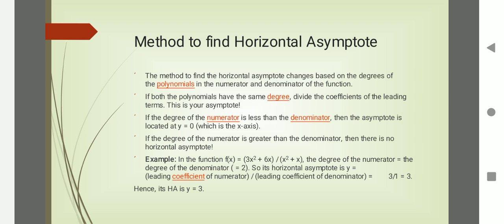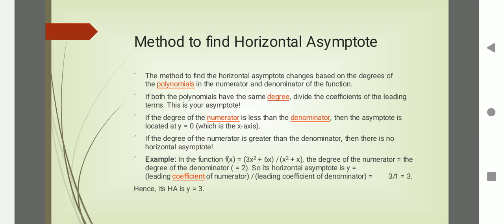If the degree of the numerator is less than the denominator, then the asymptote is located at y is equal to 0, that is the x-axis. And if the degree of the numerator is greater than the denominator, there is no horizontal asymptote.